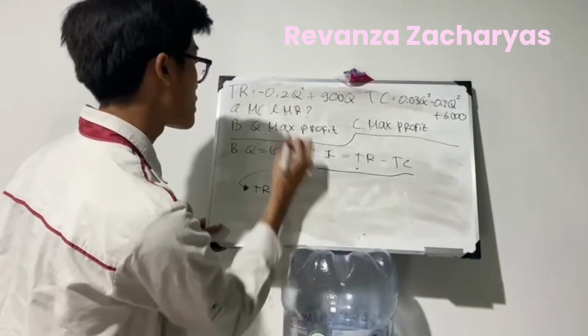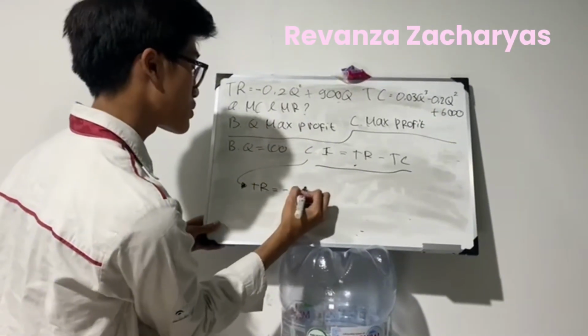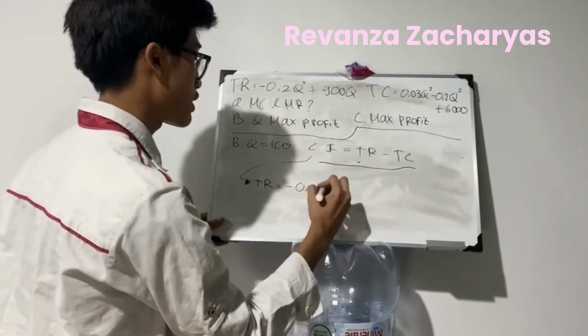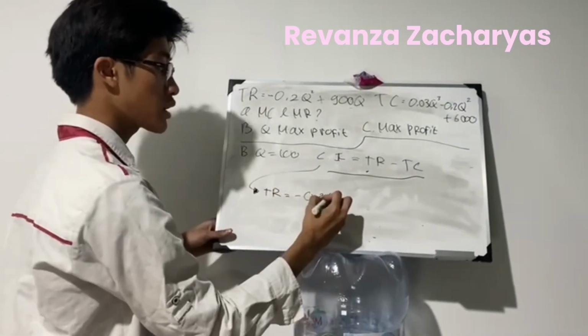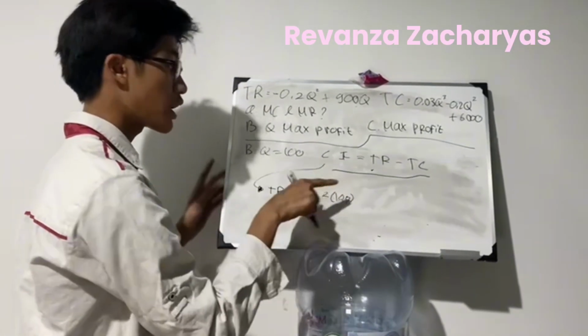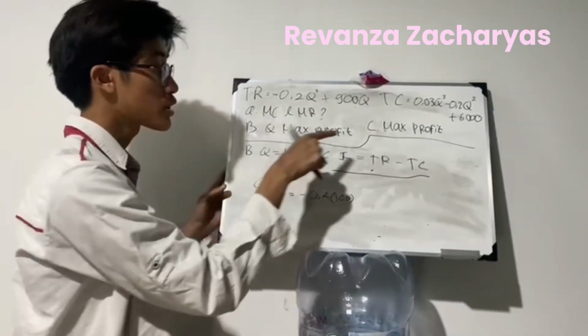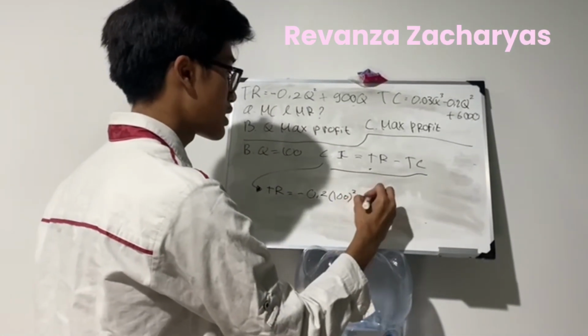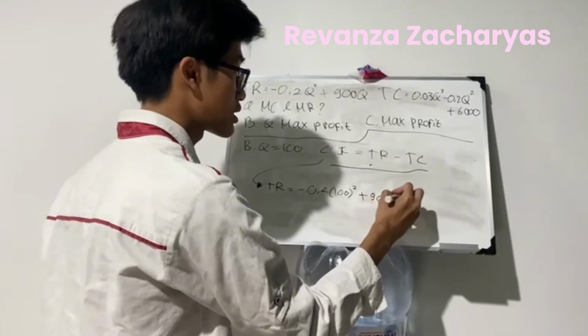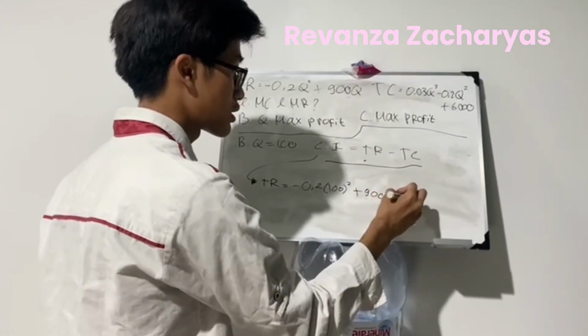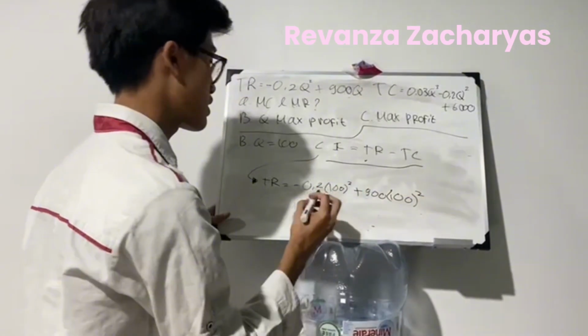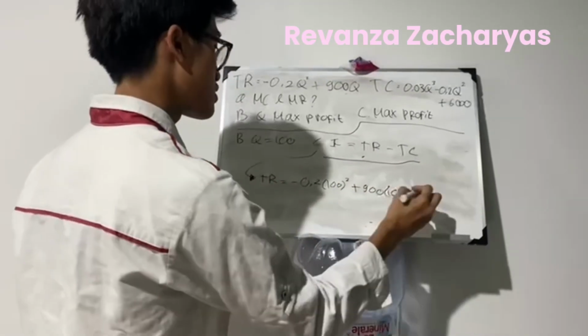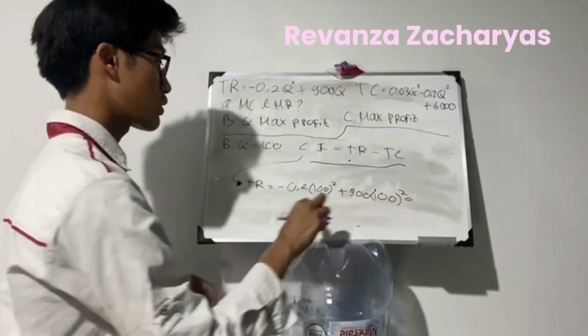TR minus 0.2. Why am I putting 100 in here? Because we already had the quantity for the maximum profit. Okay, so like this and like this. So you just gonna calculate it.